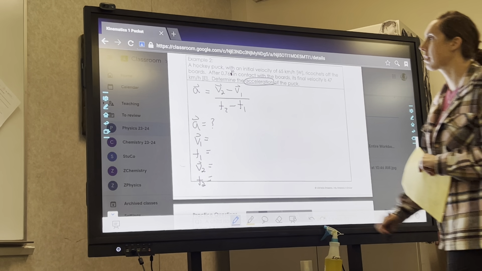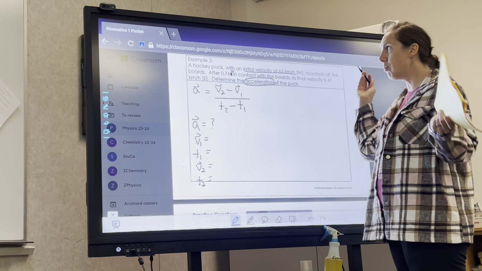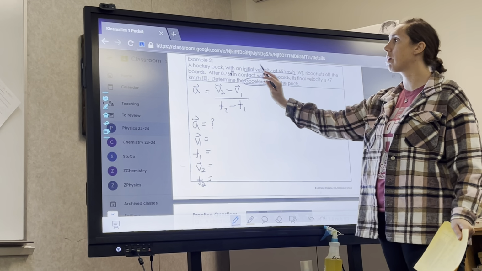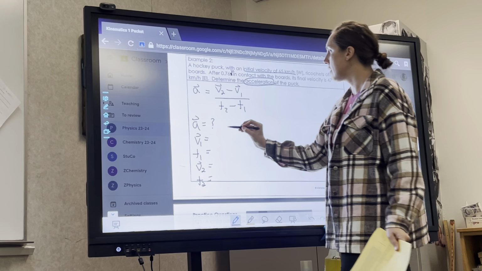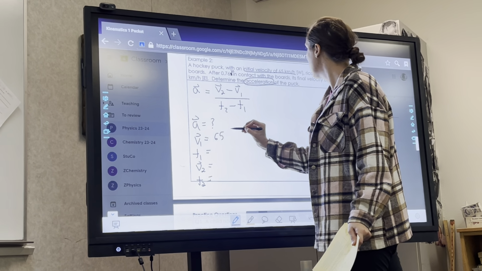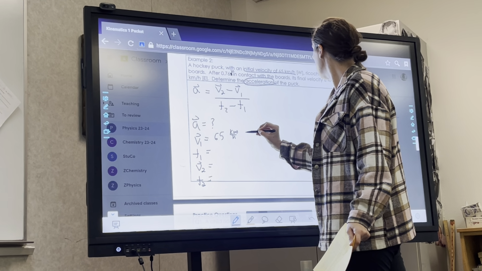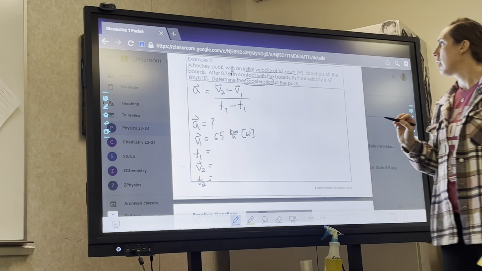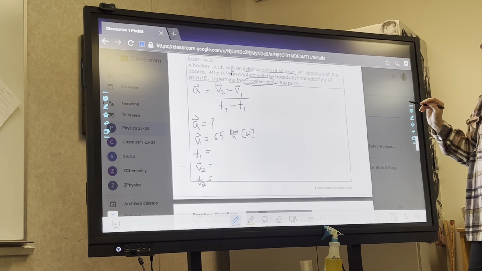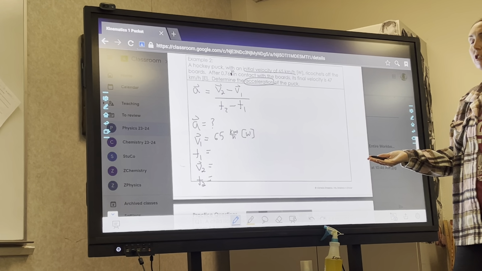A hockey puck with initial velocity, boom, it tells us our initial velocity. Remember, the word initial means first. So our first velocity, v1, is 65 kilometers per hour west. It ricochets off the boards after 0.76 hours. Well, they didn't give us an initial time.